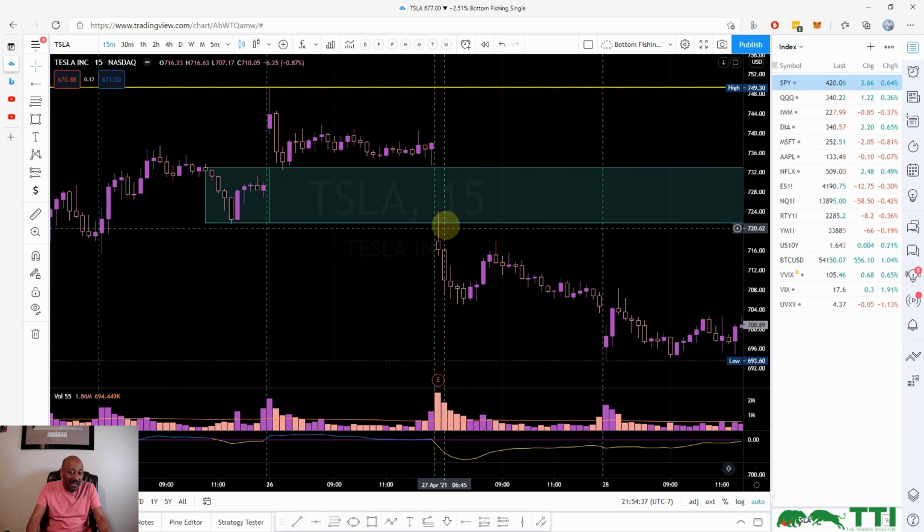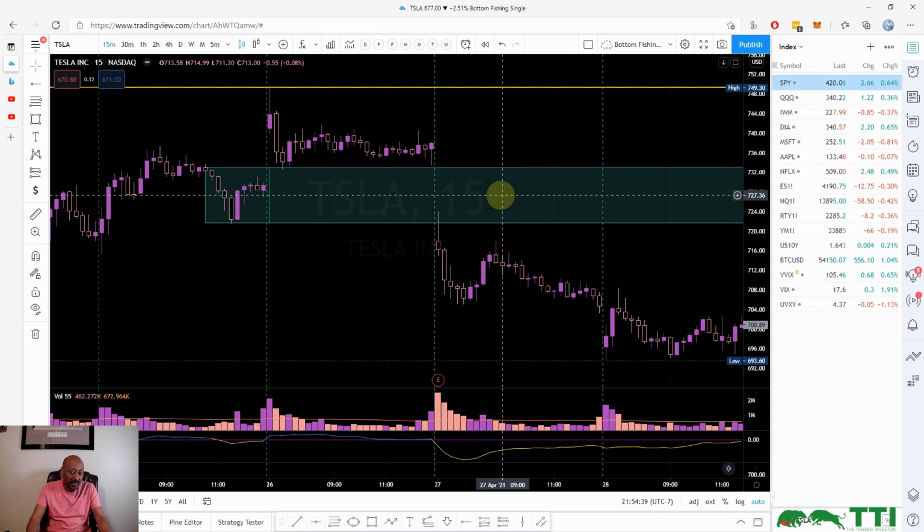A pullback never went into that order block, and you see a break of this trend line, boom, you enter. This was a beautiful day for put setup.